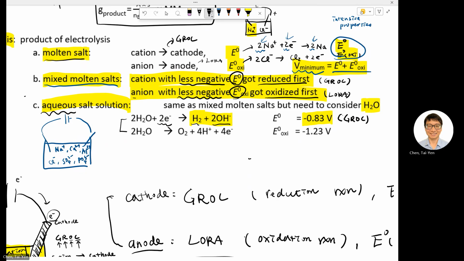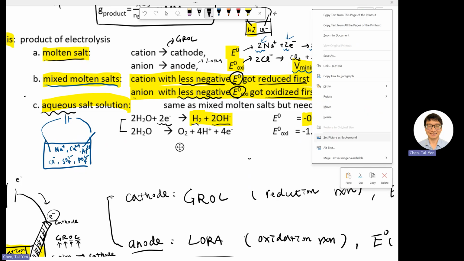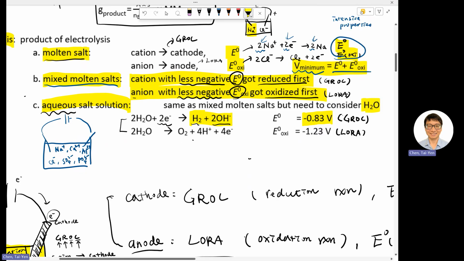The other one is your anode. In this case, the product will become O2 and 4H plus, and the oxidation potential for water is negative 1.23 volt.